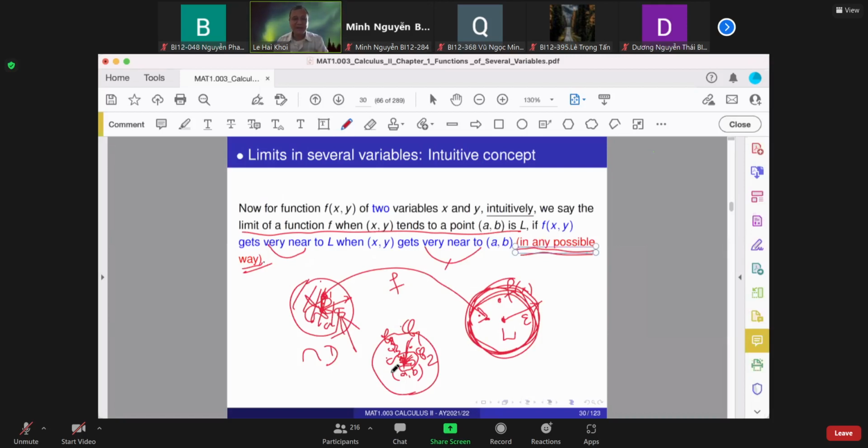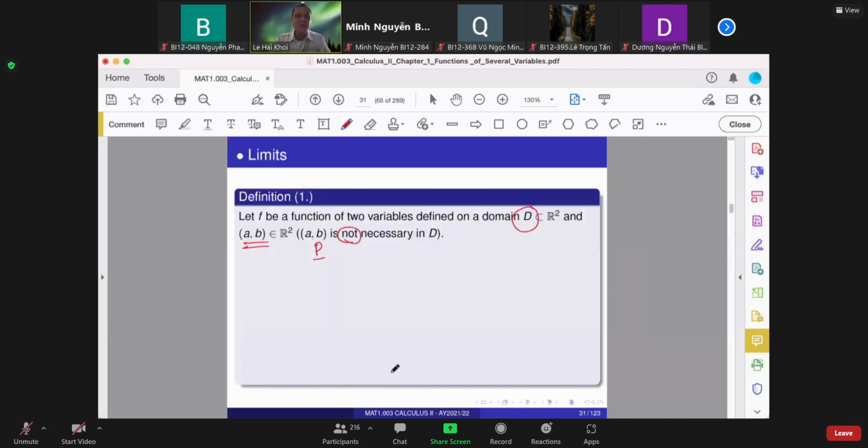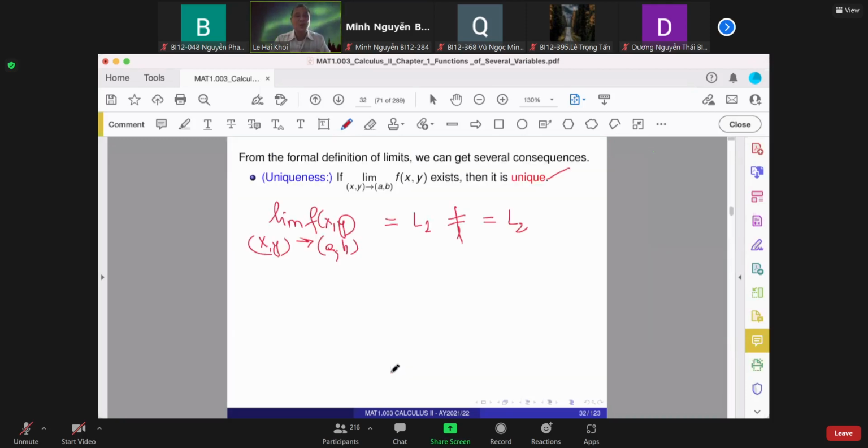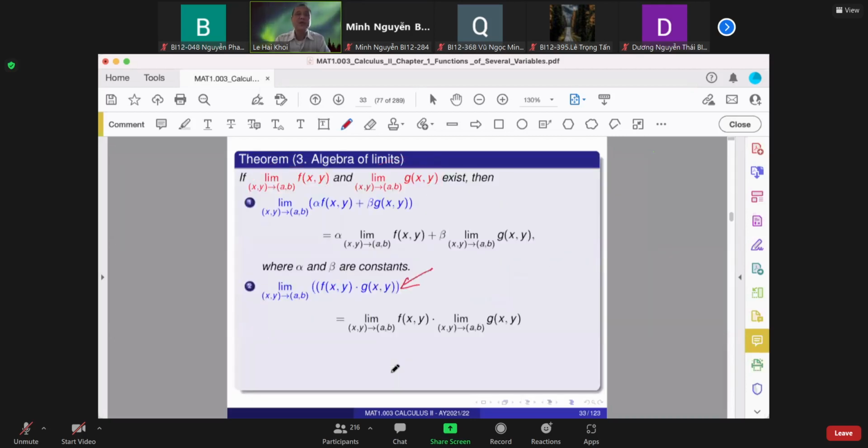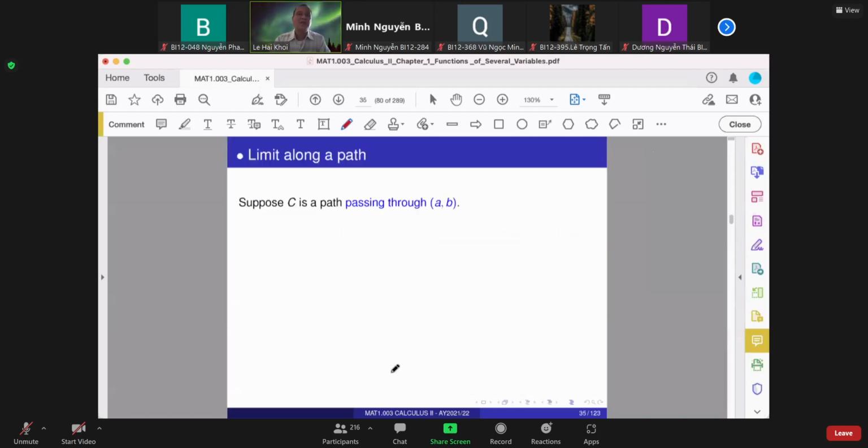Then it leads you to a new definition of a limit, called limit along a path. So suppose you have a path passing through a, b.